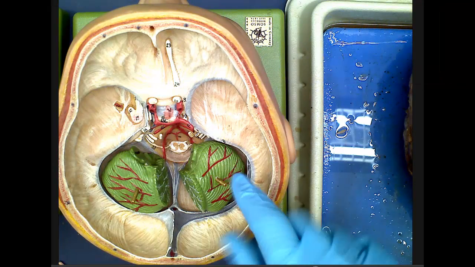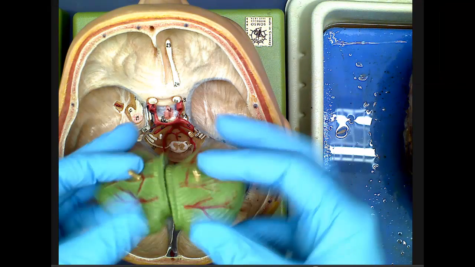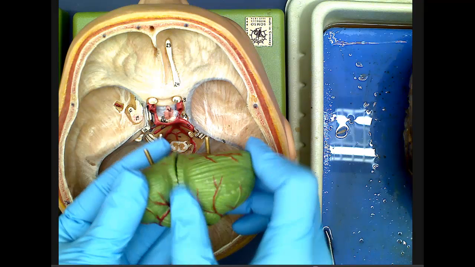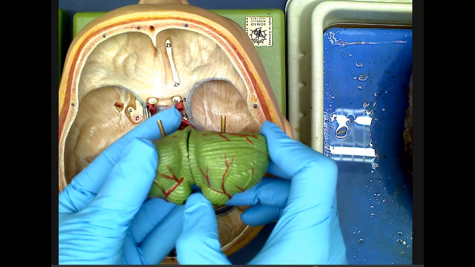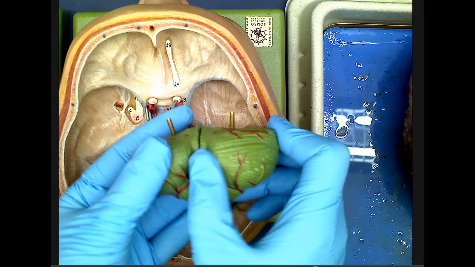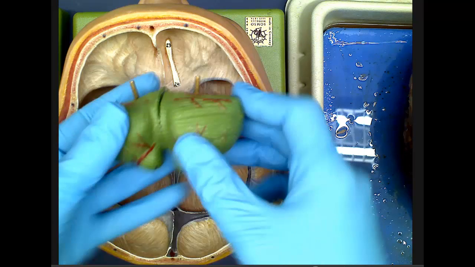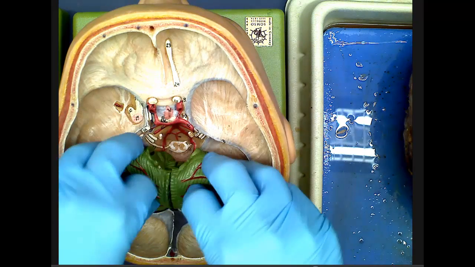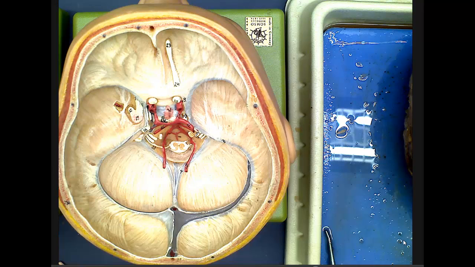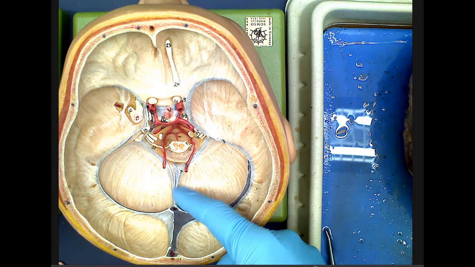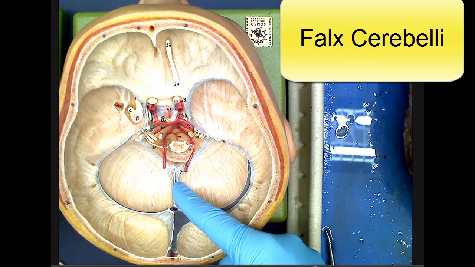The cerebellum, when you look at its structure, has a bit of an indentation posteriorly. Dura mater is going to try and fill in that gap. And so that dural reflection would be found right here, and that is called falx cerebelli.